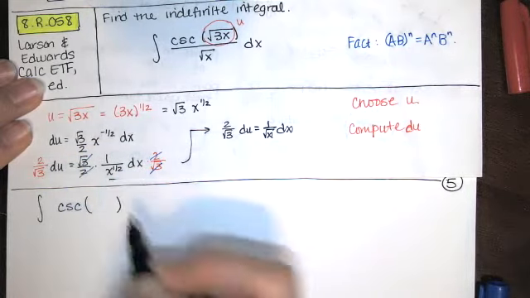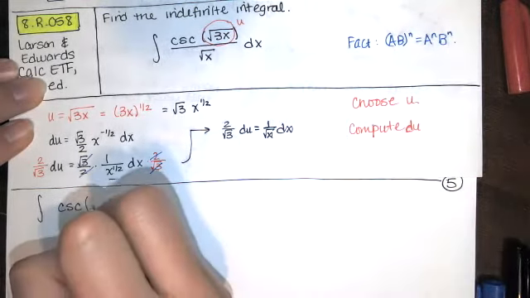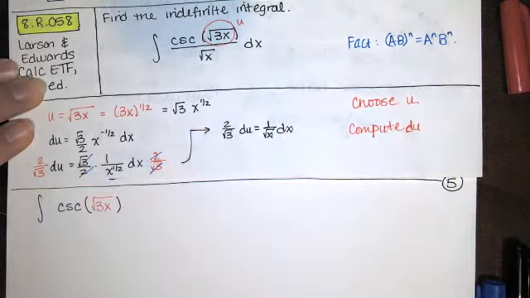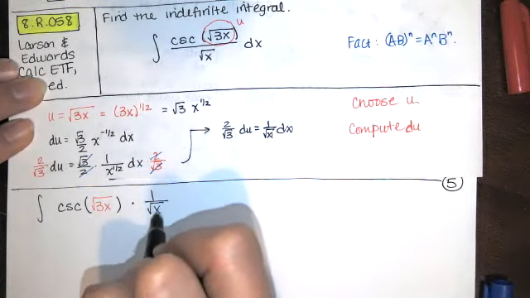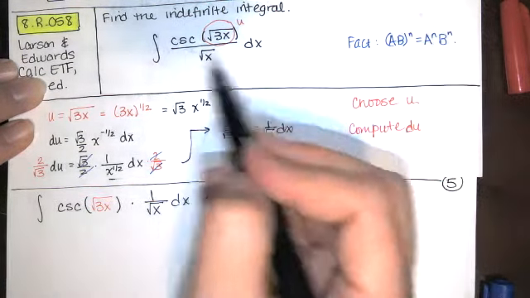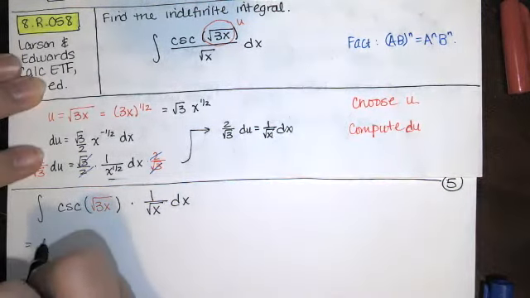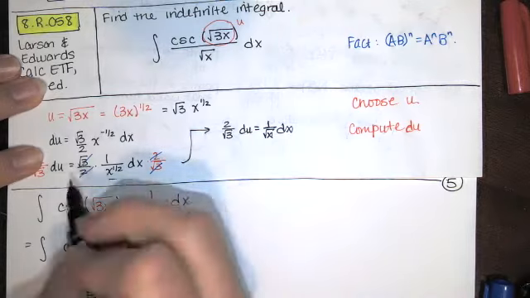So I've got cosecant of square root of 3x, which is our u, and then I'm going to factor out that 1 over square root of x dx. So if I multiply this over 1 by this, I get this. And then if I want to write everything here entirely in terms of u, this just becomes cosecant of u by design.